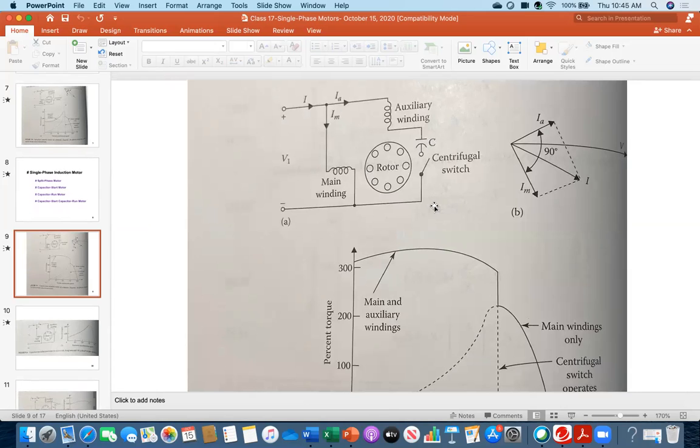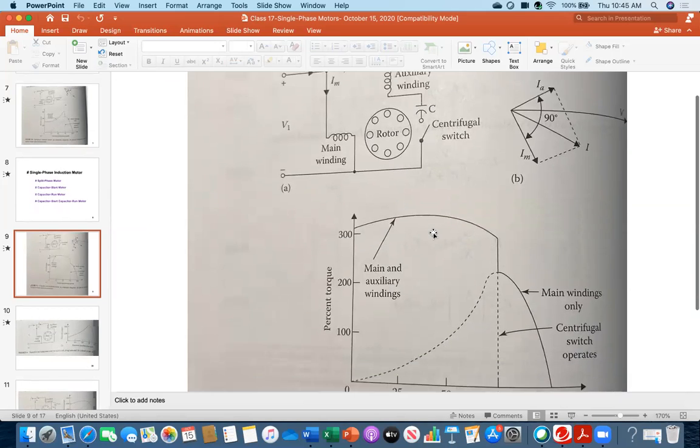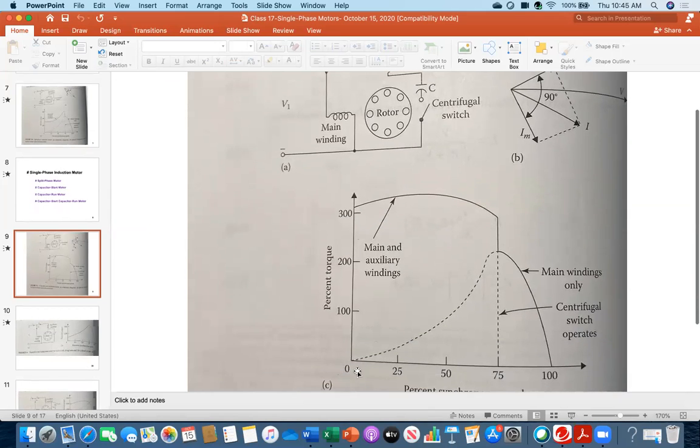Now the next category here, you see, I am putting a capacitor. This means capacitor start motor. As I said, the example is large washing machine, compressor, air conditioner, which requires the large starting torque. You see, can you see the starting torque amount? This is more than 300%. It is causing the very high starting torque because a large washing machine requires very high starting torque.